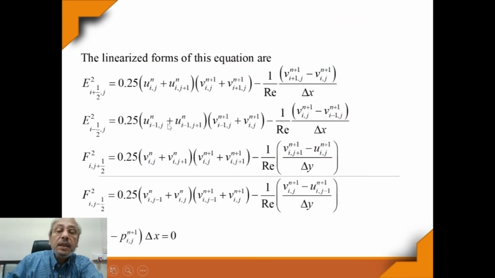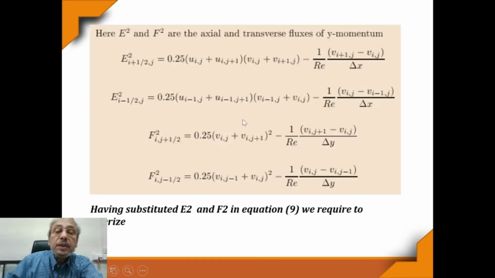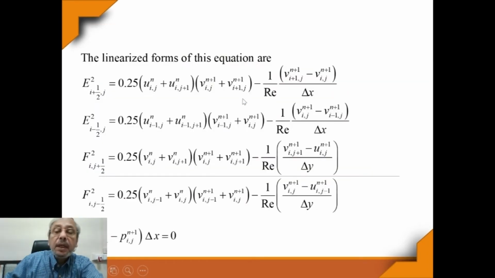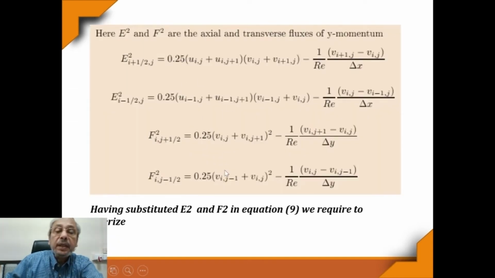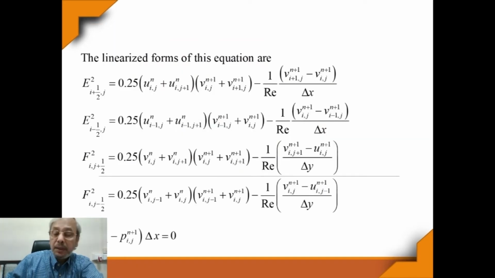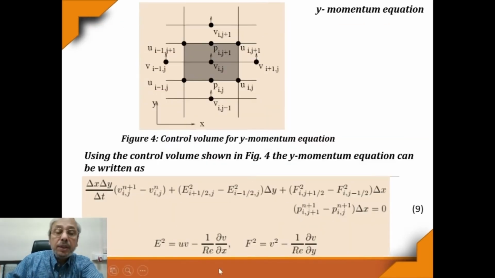Exactly, we have done that. This is basically Vij, Vi minus 1j at n plus 1, and Ui minus 1j plus Ui minus 1j plus 1 at the level n. So this way we do the linearization, and then we substitute this in the original equation.